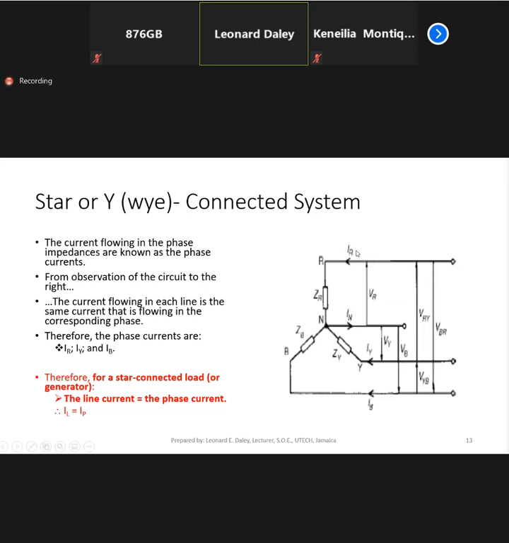All right. But we'll get to that. So whatever is flowing in the red line will be flowing in the red phase. Whatever is flowing in the yellow line will be flowing in the yellow phase. And whatever is flowing in the blue line would also be flowing in the blue phase. All right. Hence, IL is equal to I phase.